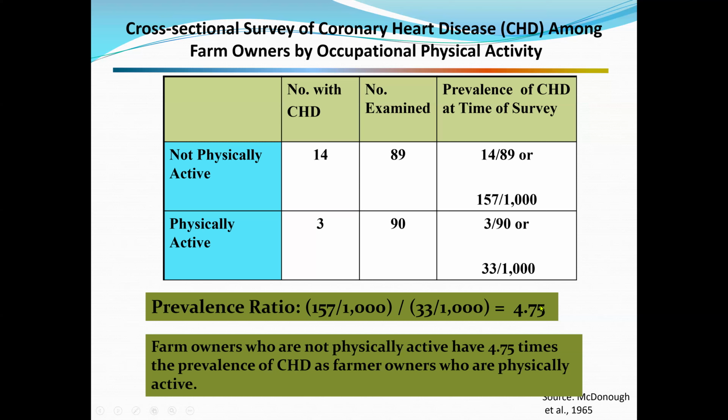So this tells us that farm owners who are not physically active have 4.75 times the prevalence of CHD as farm owners who are physically active. So this data may tell us that if you are not physically active, you have 4.7 times more chance of having CHD than those who are physically active.